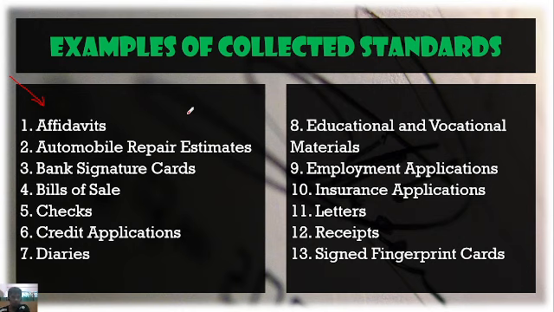Okay, and then there is automobile repair estimates that he transacted. Okay, or meron siyang pinirmahan, kumbaga, finilapan. And bank signature cards, okay, bills of sales, checks. This is very common also. Credit applications, diaries is also very common.